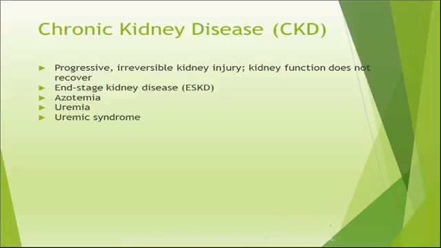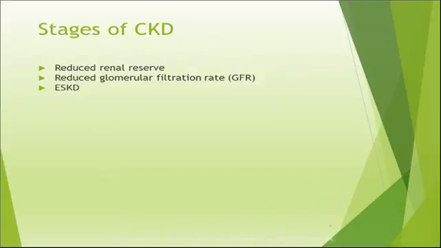And there's a table, Table 68.1, that does a comparison of your AKI and your CKD. So the stages of CKD are reduced renal reserve, reduced GFR, and of course end-stage kidney disease.